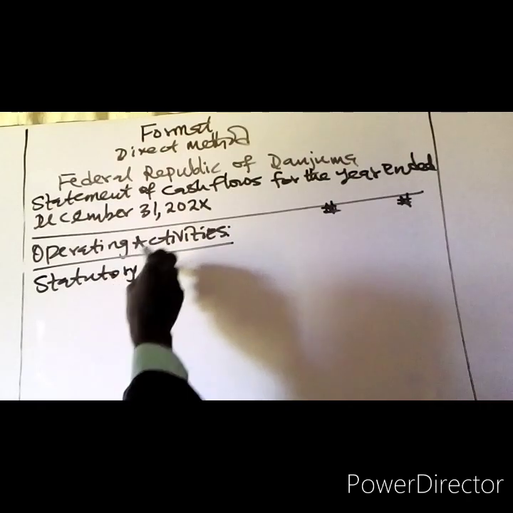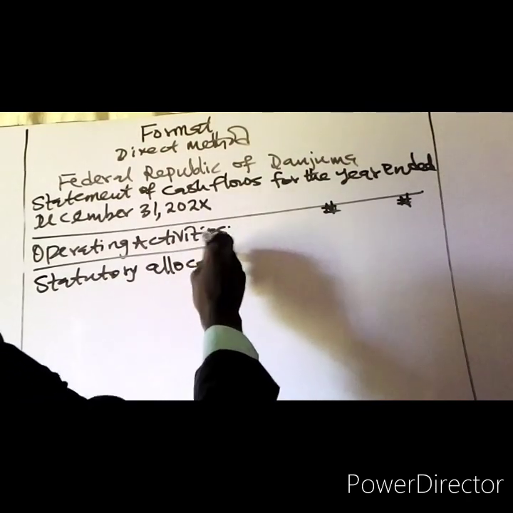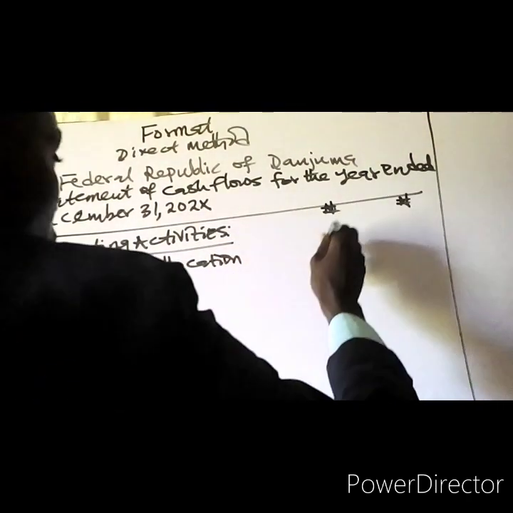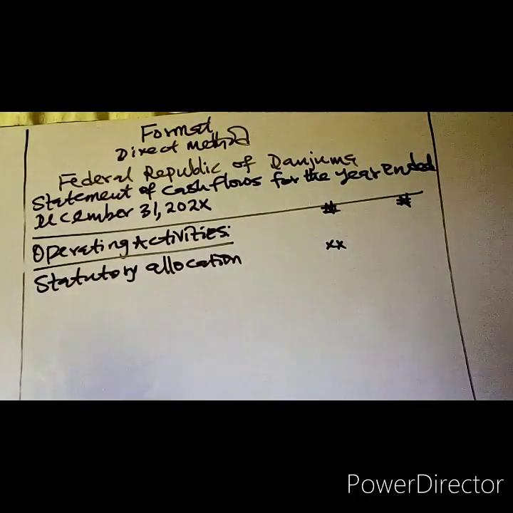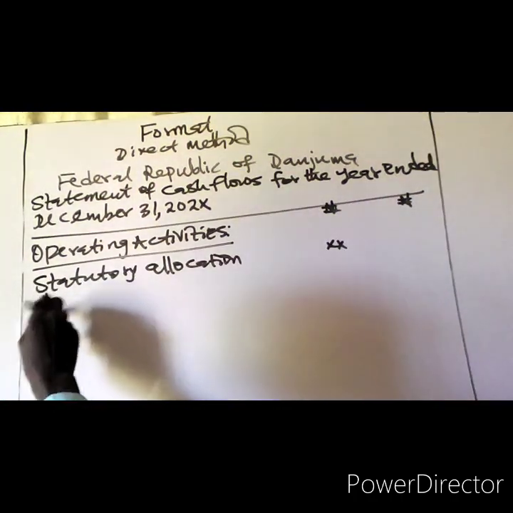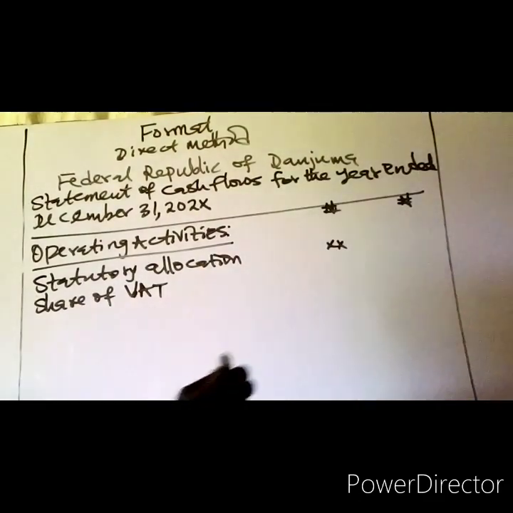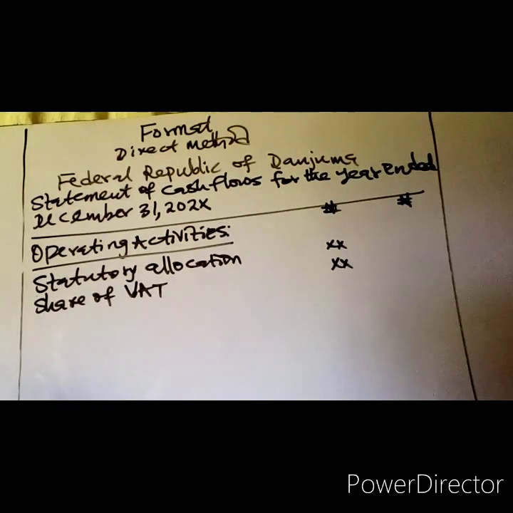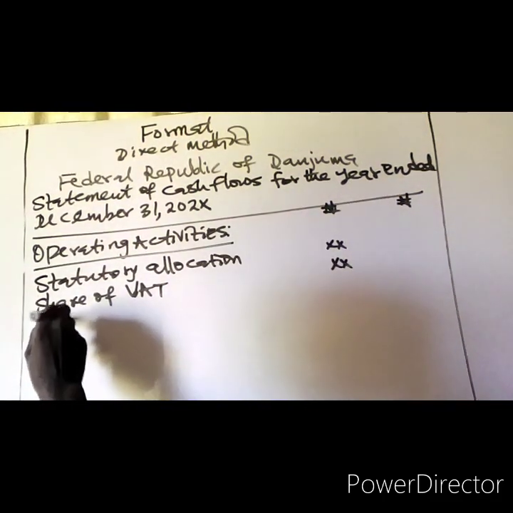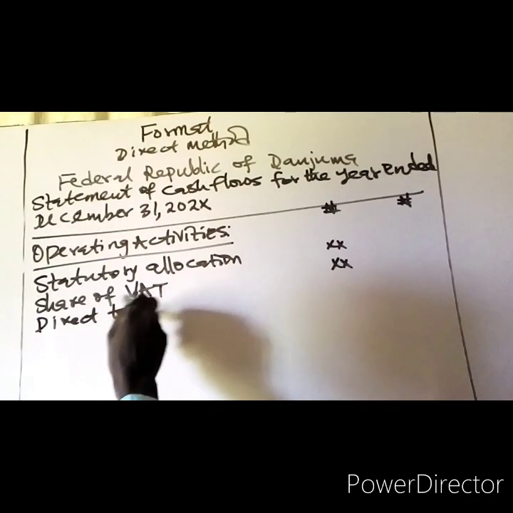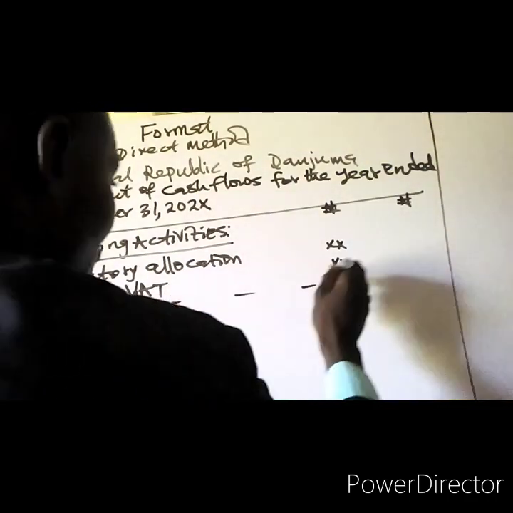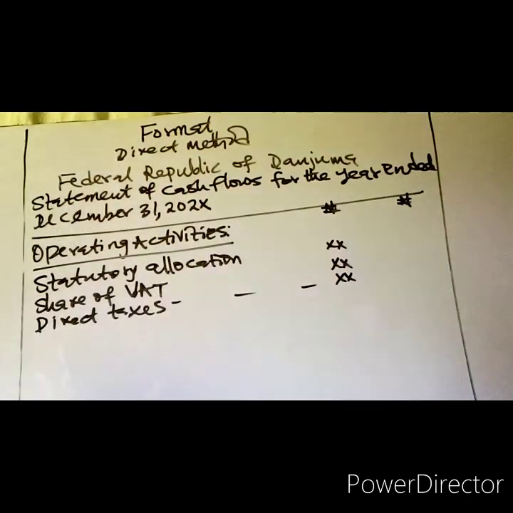This is a revenue. Then we have share of value added tax, which is also a revenue to government. You have direct taxes. Direct taxes is also one form of revenue.